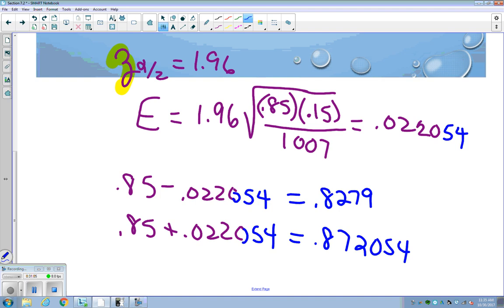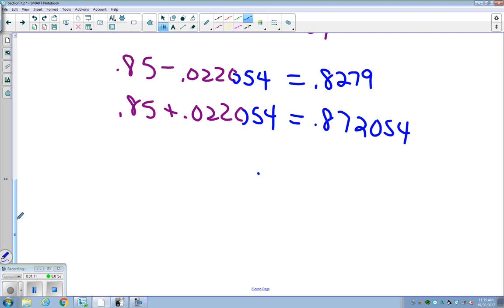So I subtracted it, then I added it. So now we need to write our estimate. I'm going to round to 3 digits, correct? So 0.8279 is 0.828.